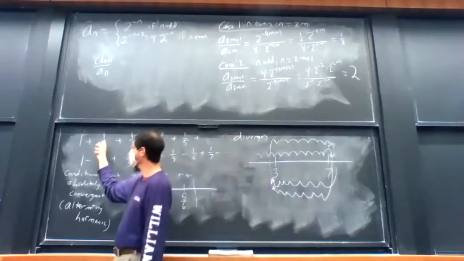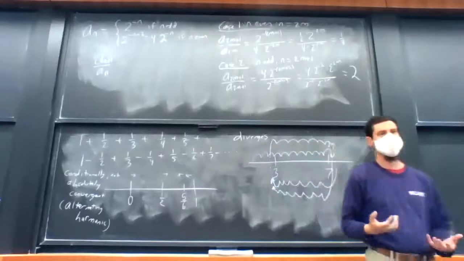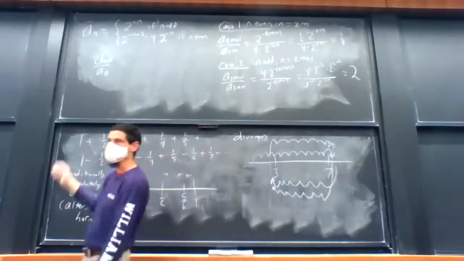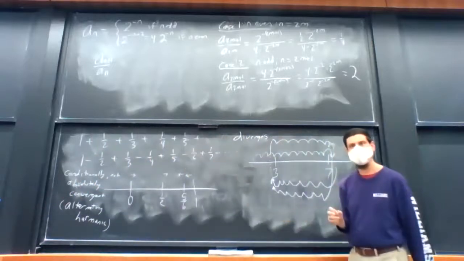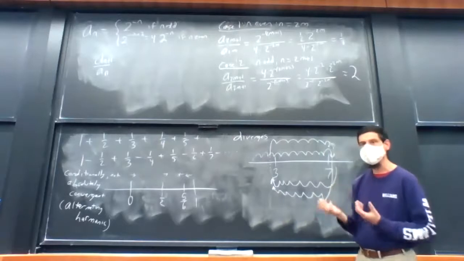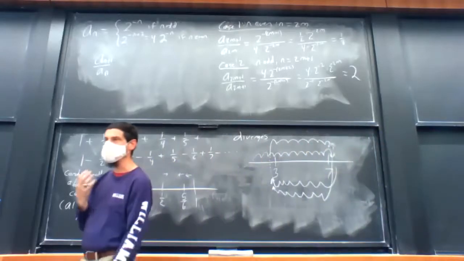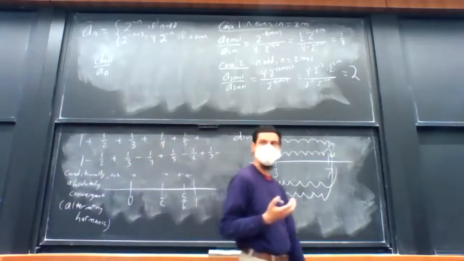Because the odds are always larger than the corresponding evens, the sum of the odds has to be positive infinity as well. So if I restrict myself to just the odds, it's plus infinity. If I restrict myself to just the evens down here, it's negative infinity. And so what really happens is I rearrange, I have infinity minus infinity. This is one of the things you are not allowed to do. You can't do infinity minus infinity.